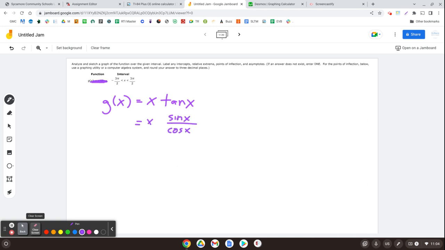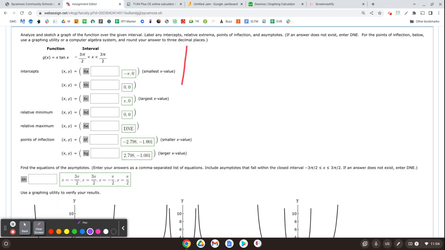Anywhere the cosine of x is 0, we're going to have a vertical asymptote. Where does that exist? That exists up here and down here. So that's pi over 2, negative pi over 2. And then it would happen again at 5 pi over 2, but I think 5 pi over 2 is not in our interval. And so that is how they come up with the asymptotes.